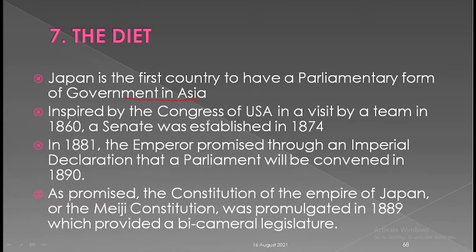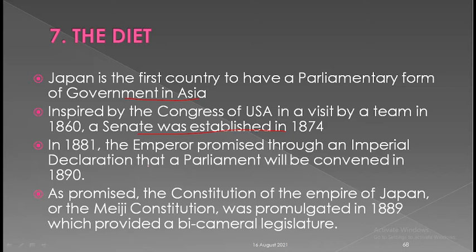Inspired by the Congress of USA in a visit by a team in 1860, a Senate was established in 1874. Here, let's remember, around 1860, a team of Japanese officers visited USA and observed the lawmaking procedure of the Congress of United States.